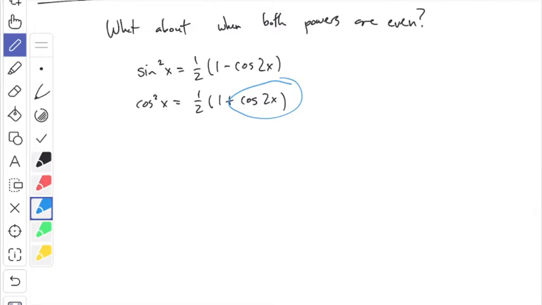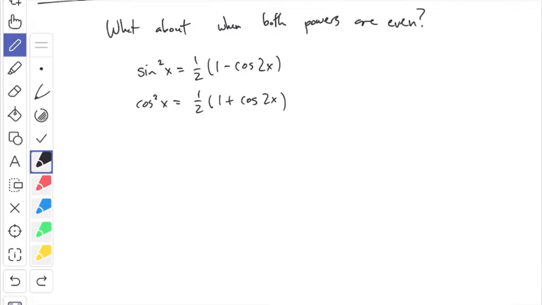I think I put a sine in there, but it should be cosine. It is 1 plus cosine of 2x. Yeah, I think last time I wrote it as a sine, but it's not a sine. They're both cosines. Sorry about that. Like I said, we never actually used these, so I didn't really do a problem wrong using the wrong formula, but I did write it incorrectly.